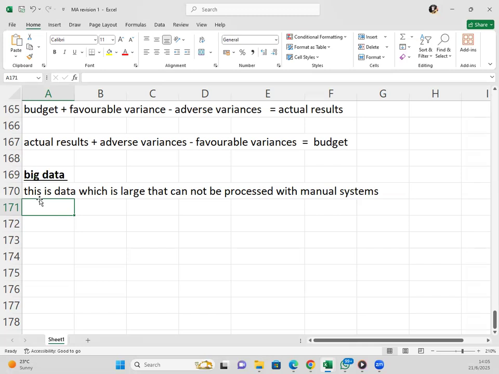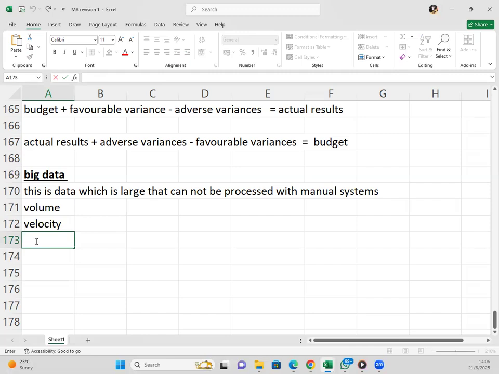So big data can be seen by what? Data can be said to be big data because of its volume, that is, if it is of large quantities. So there are 5 V's of big data. Data can be said to be large because of its volume. It can be large because of its velocity, the rate at which we are receiving the data per second.